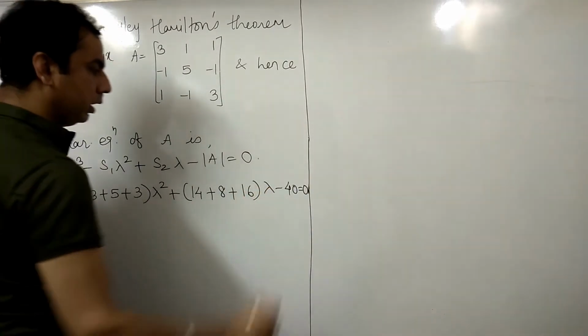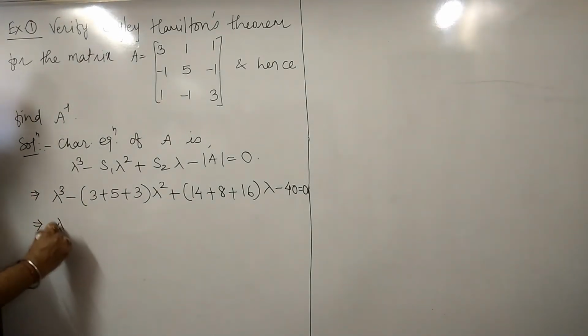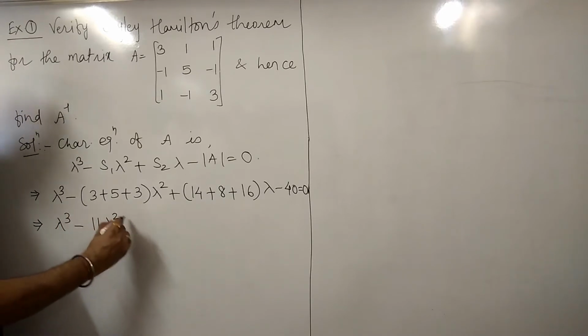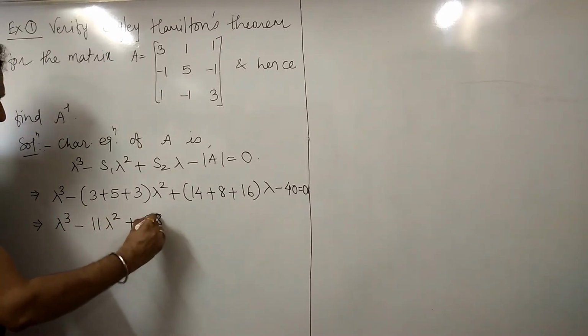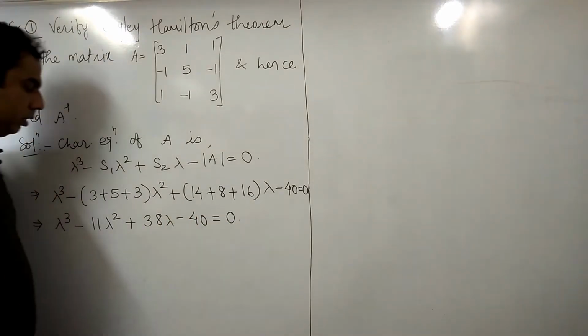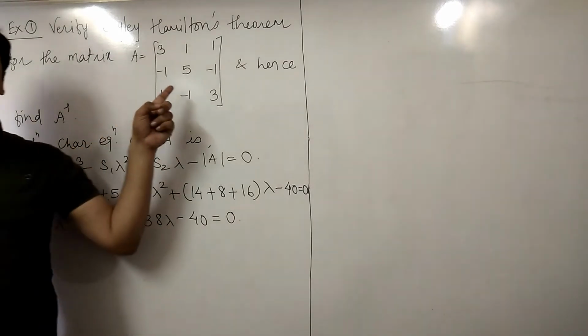So this implies lambda cube minus 11 lambda square plus 38 lambda minus 40 is equal to 0. This is the characteristic equation of the given matrix A.